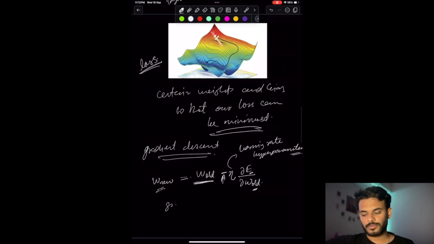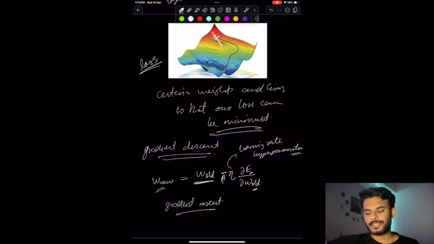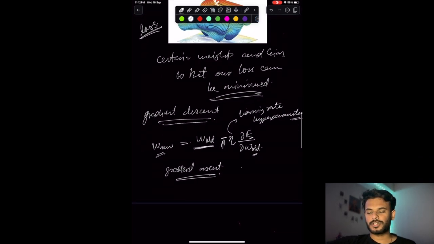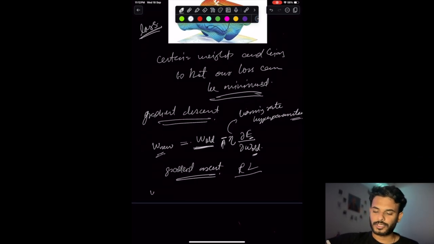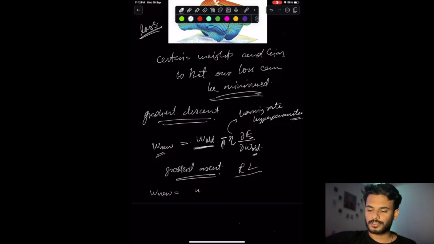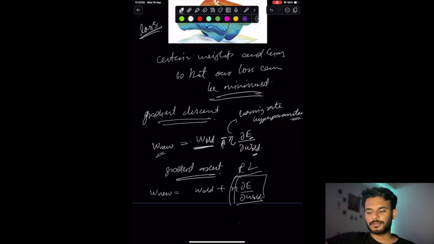There is an algorithm of gradient ascent as well. We won't be covering it, it's used in RL, reinforcement learning. It updates the new weight as something like the old weight plus eta times del E by del W old, not the exact derivative but something like that.